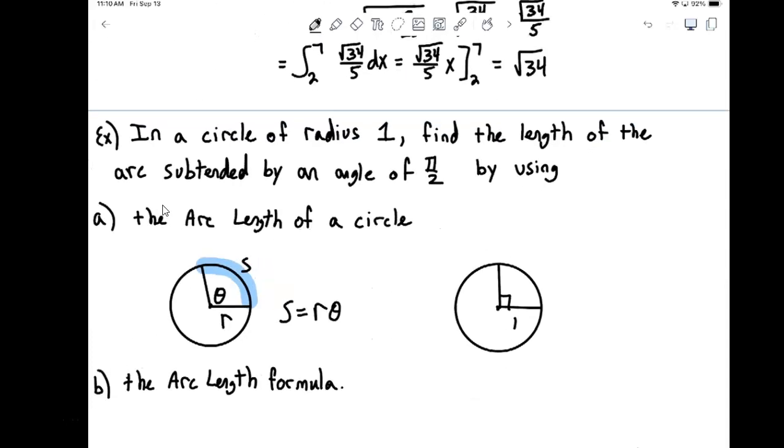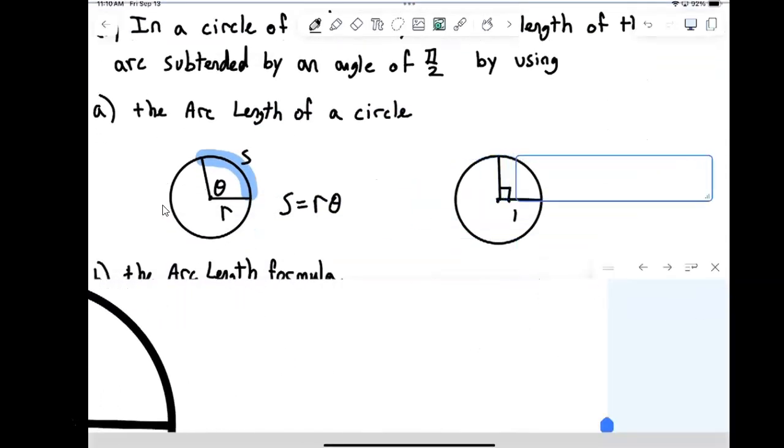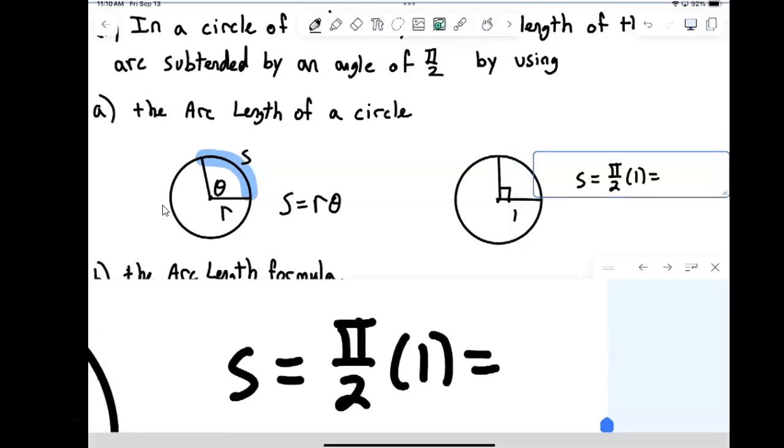And so the angle is pi over 2. So by our arc length formula, S is equal to pi over 2 times 1. And so we know that that length is pi over 2. Okay, so that is if we do it using the arc length of a circle. We get an answer of pi over 2.